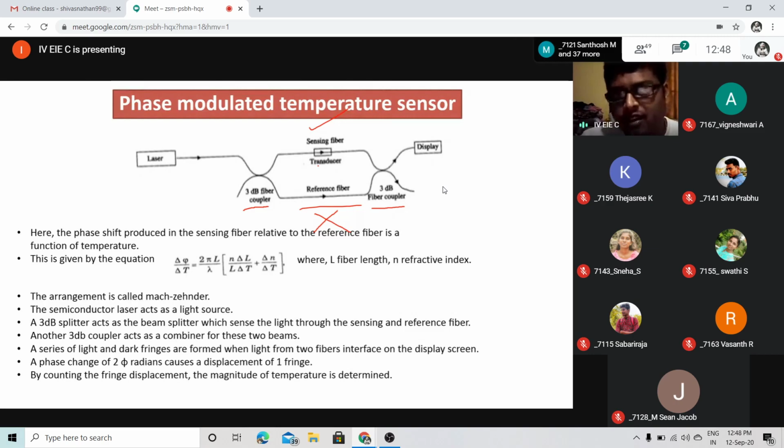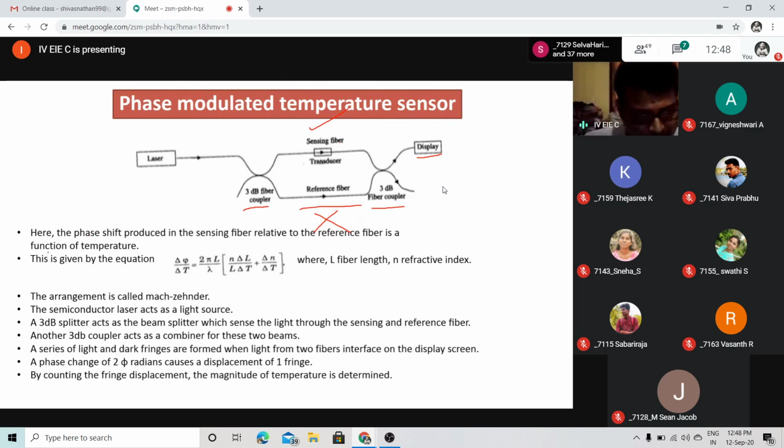It may affect the phase of my light signal, or the intensity of my light signal, or the dispersion of my light signal. So the principle I look for is a change in any one of these parameters. Successfully finding it in my display, I could identify the temperature present in my sensing fiber.